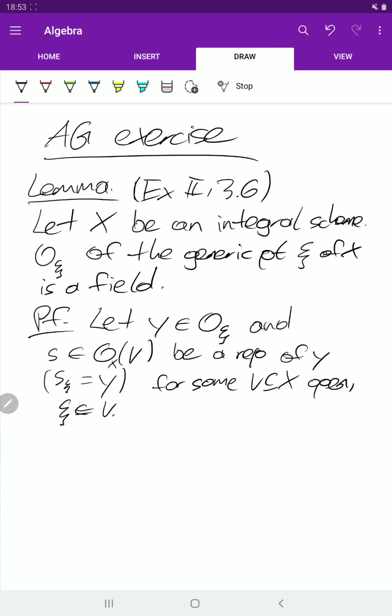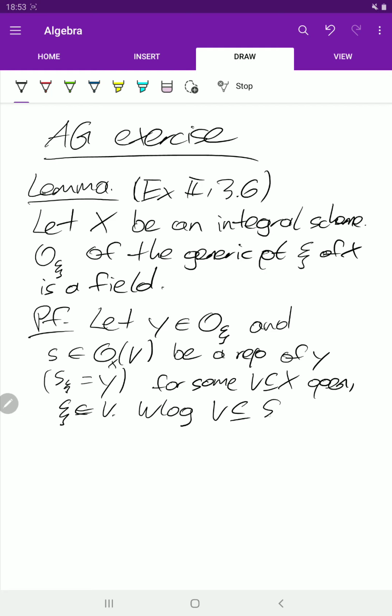Okay, so we take this representative, and without loss of generality, we assume that V is a subset of some affine scheme, and then we can restrict even further, so we make V even smaller.